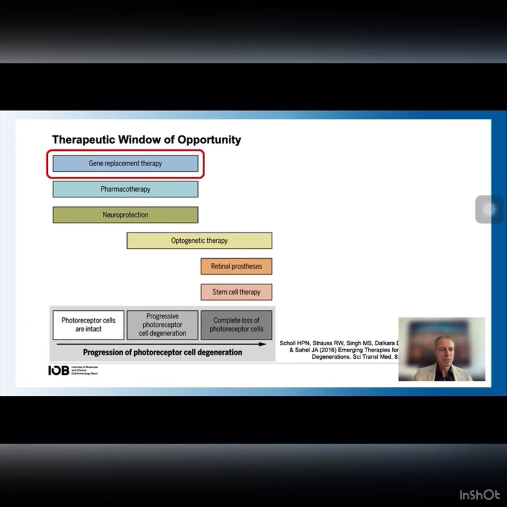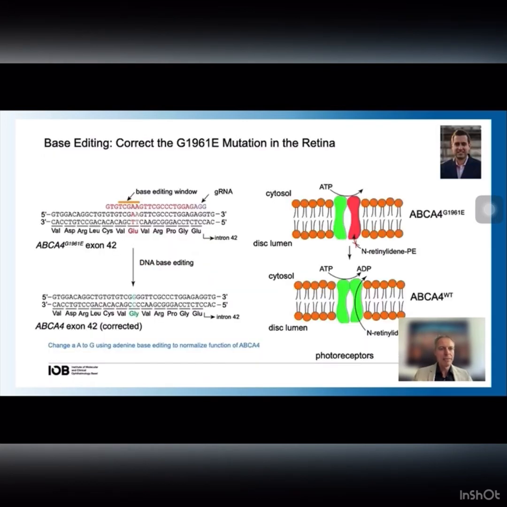However, the ABCA4 gene is so large that using standard gene replacement therapy is not going to work. Therefore at IOB, we're developing base editing to correct the most prevalent mutation, namely the G1961E mutation in the retina.